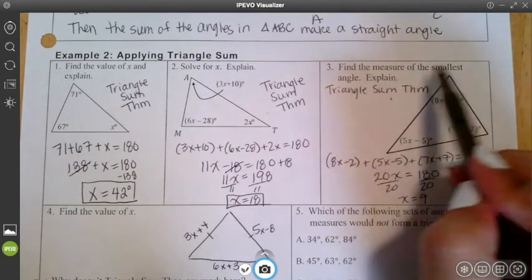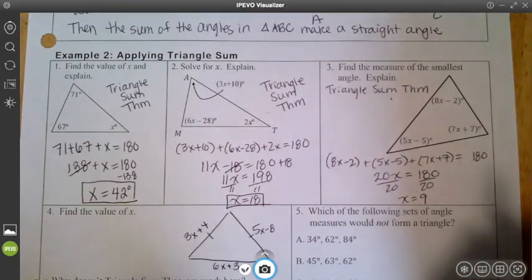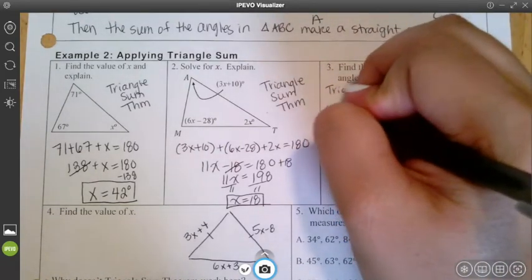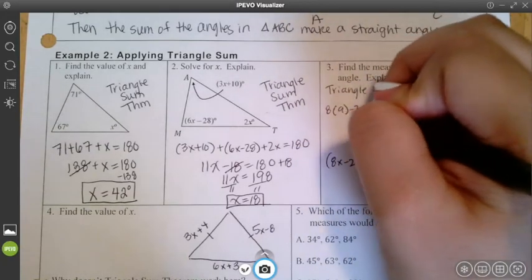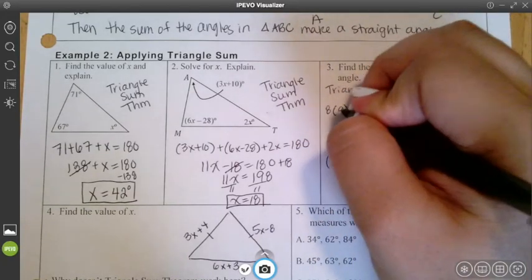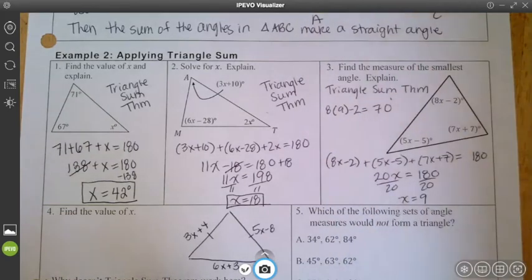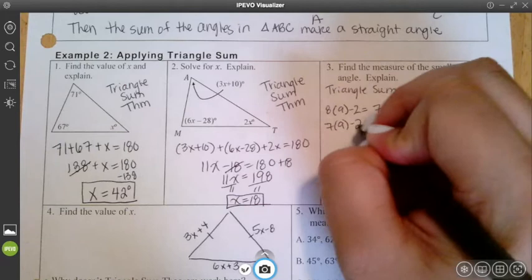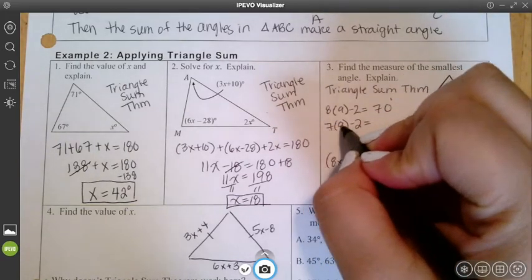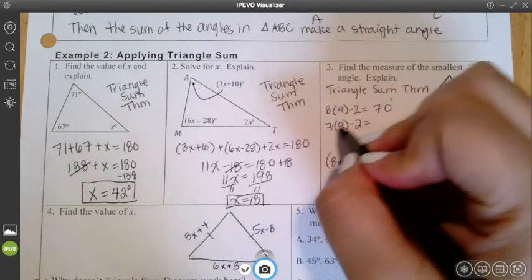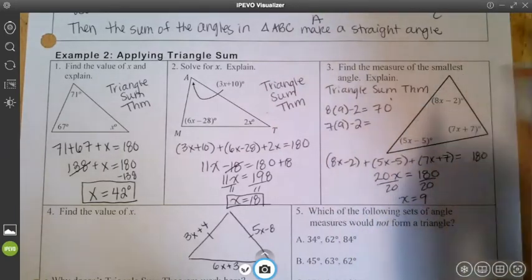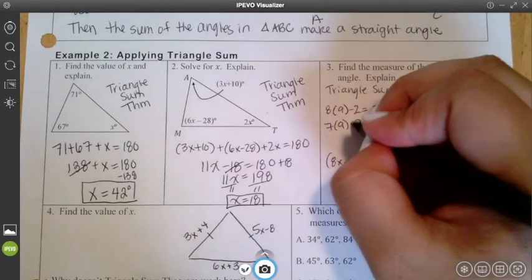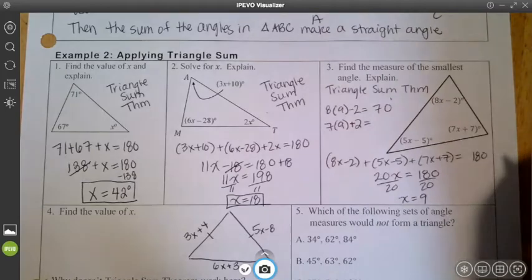This time we're not looking for x, we're looking for the smallest angle, so we need to substitute this back in. So we have 8 times 9 minus 2, which gives us 72 minus 2, is 70. 7 times 9 plus 7, sorry, it should be a plus 7.